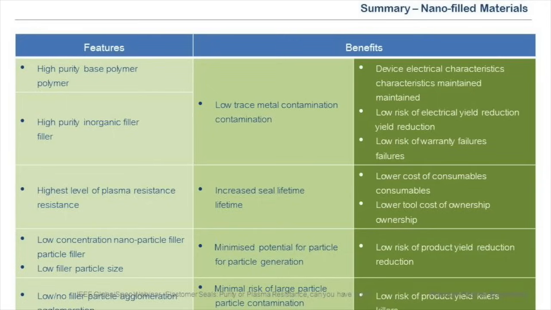All materials have different characteristics and different plasma chemistries. It is true that inorganic fillers tend to improve the chemical and plasma resistance of materials compared to fully organic materials, but excessive usage of fillers can cause other issues like particulation or contamination.